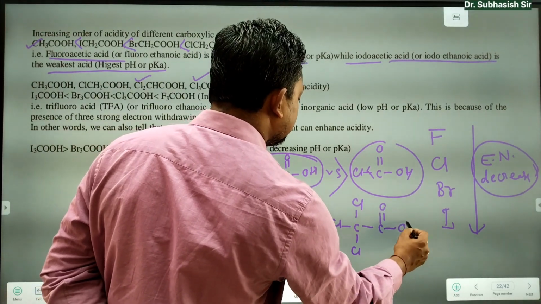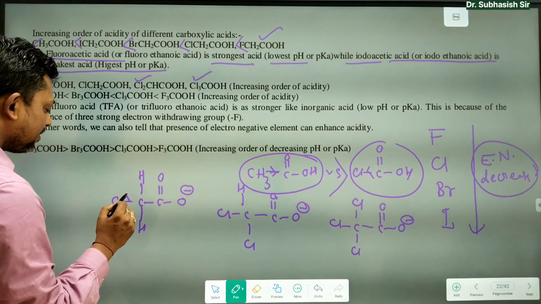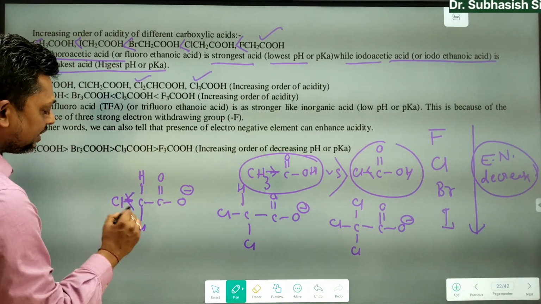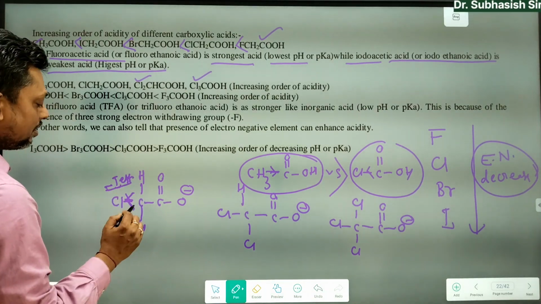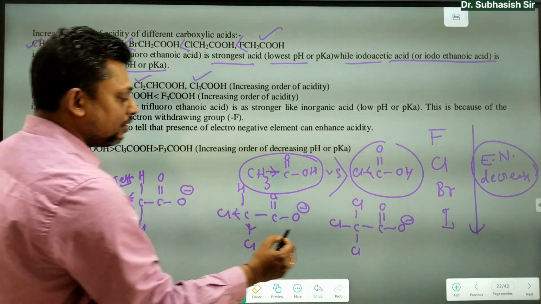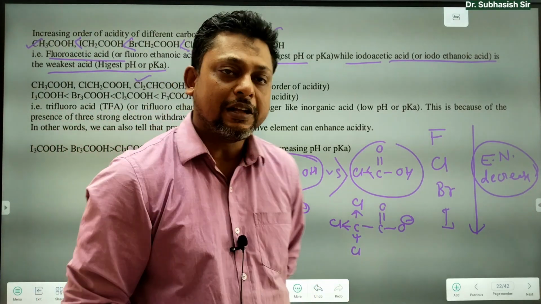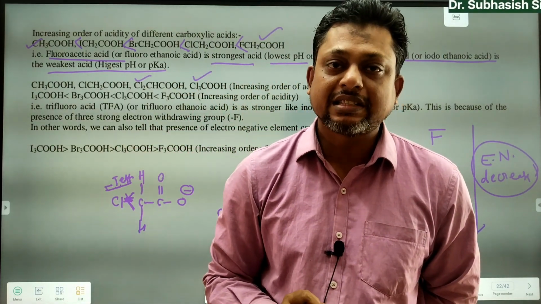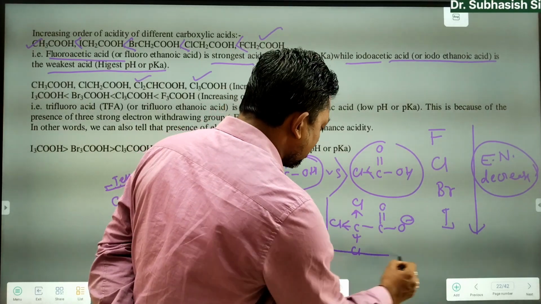Now you can clearly see that in the first example there is only one electron withdrawing group, only one minus I effect. But in the second case there are 2 minus I effects, whereas in the third one there are 3 minus I effects. So obviously the minus I effect can increase the acidity of carboxylic acid.